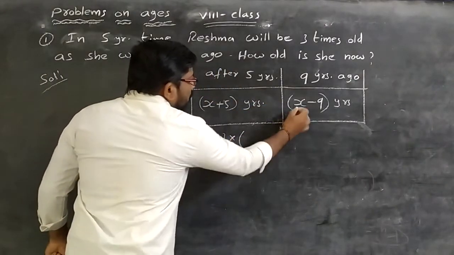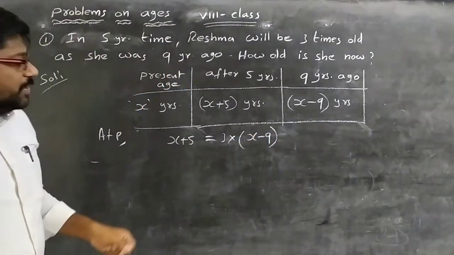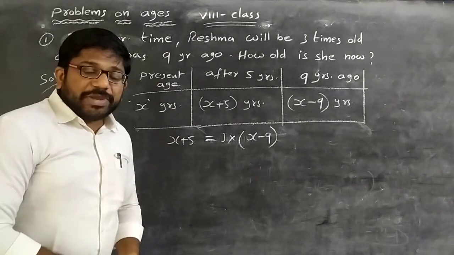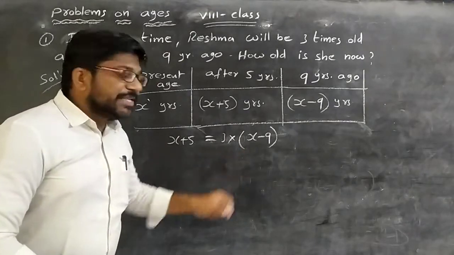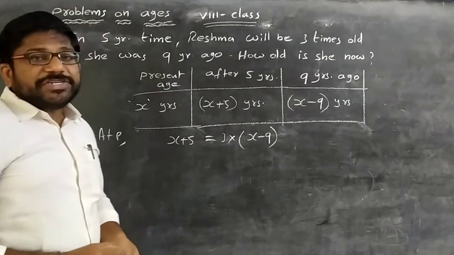So 3 times x minus 9. Now it is a simple equation in one variable, x. Now we can simplify this easily.